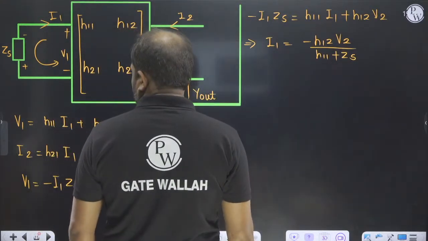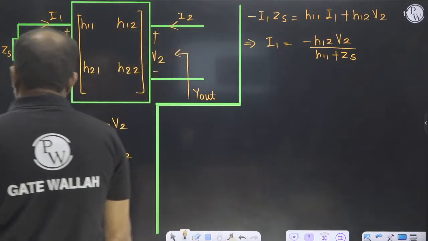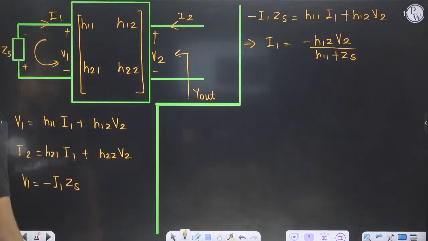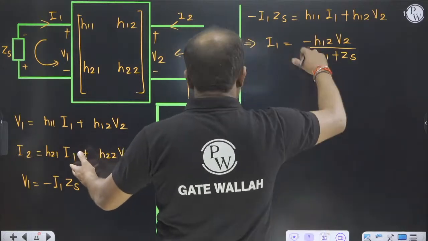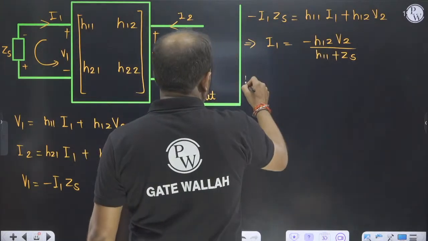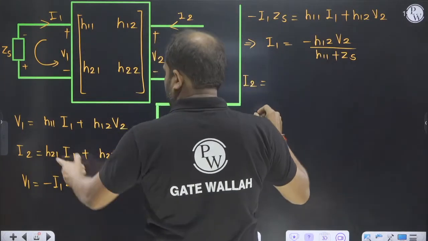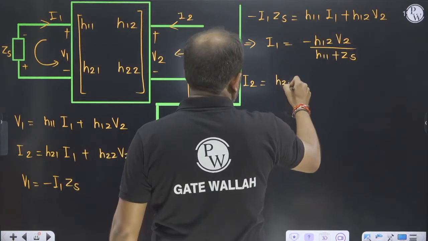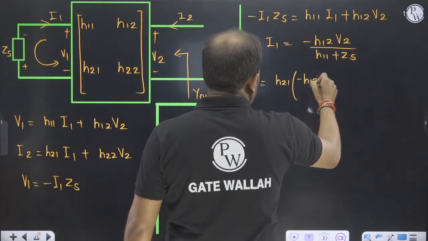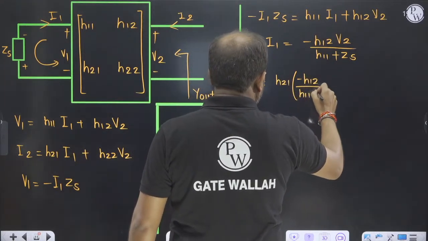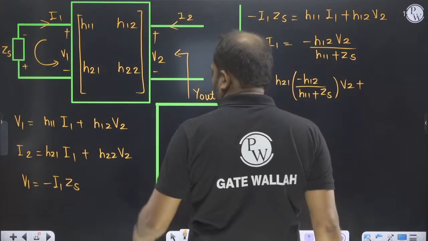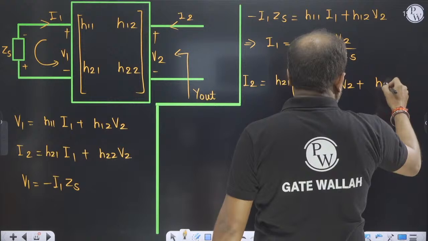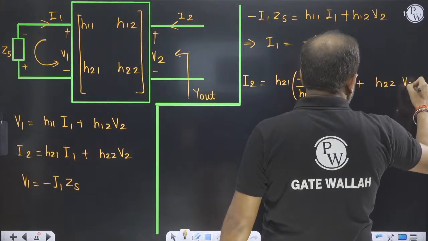Then I will put I1 in terms of V2. So I2 will be equal to H21 into minus H12 upon H11 plus ZS into V2, plus H22 into V2.